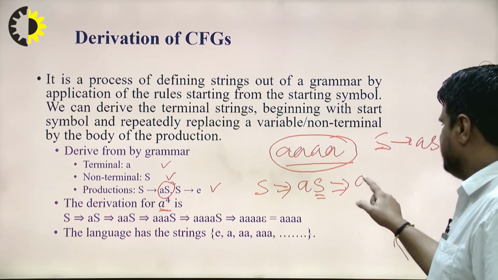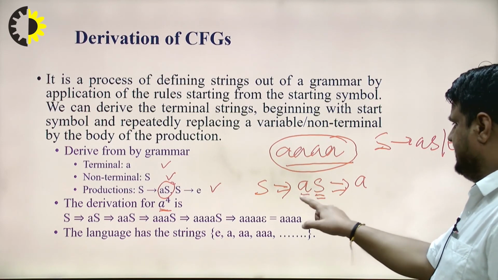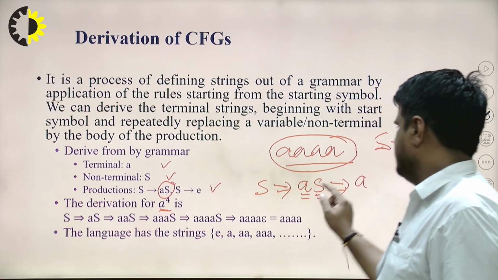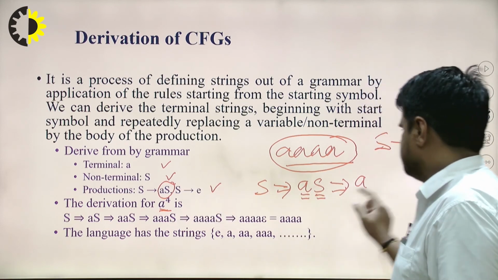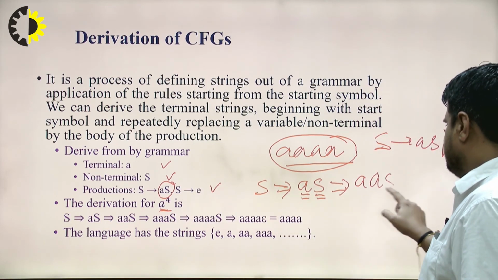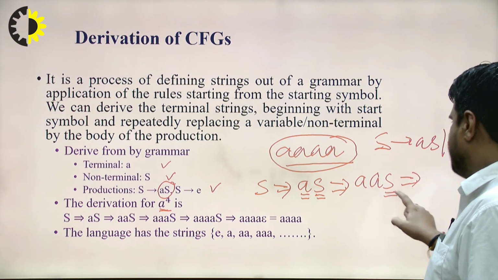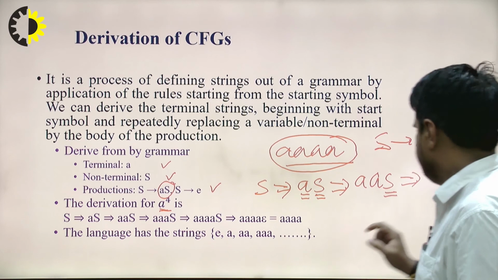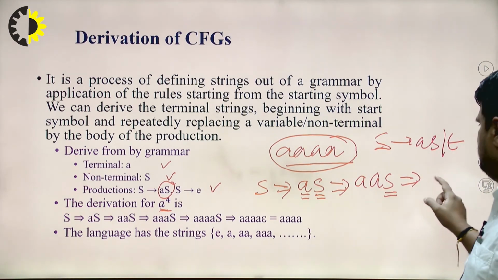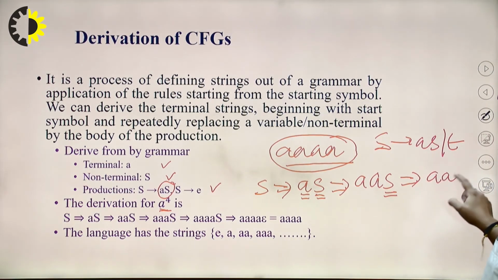So we get a, which is already here, and the right hand side of this production, so aaS, right? Once again, we substitute the value of S from the similar production.